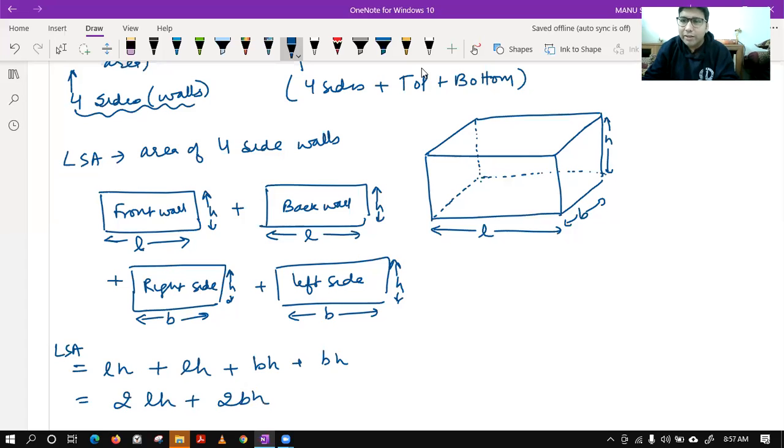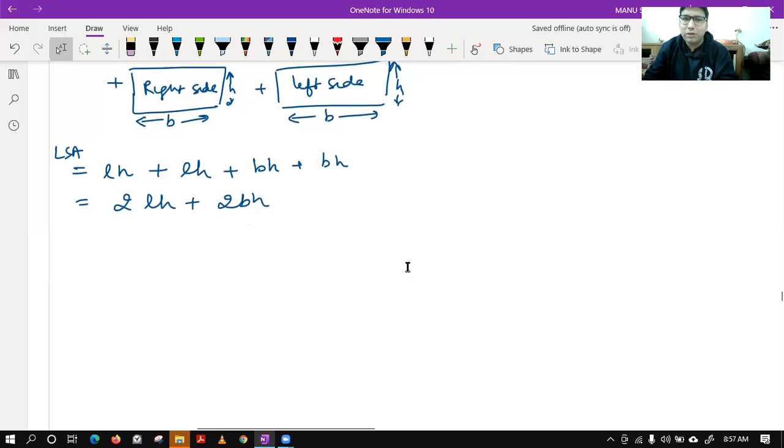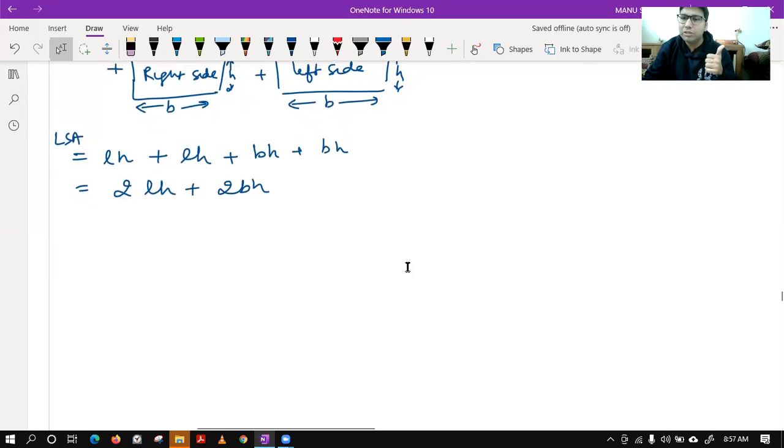And you are very much right, Krishna, to say that we will factorize it, because it is a normal tendency, and we should always try to take out what is common, so that we can simplify the given expression.